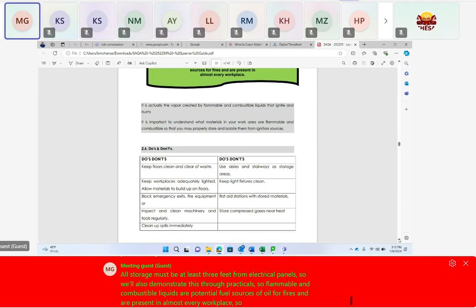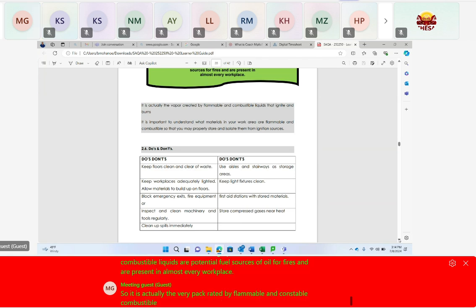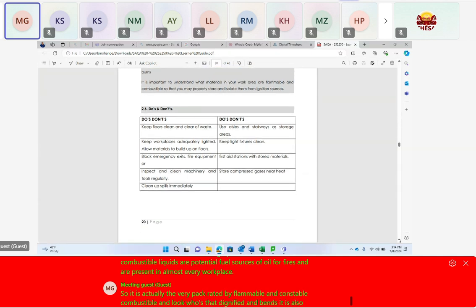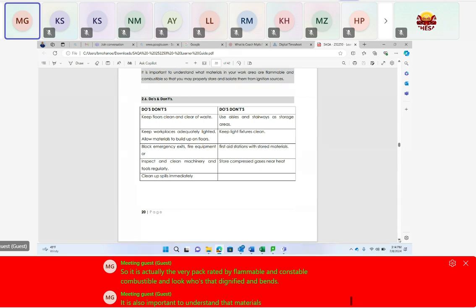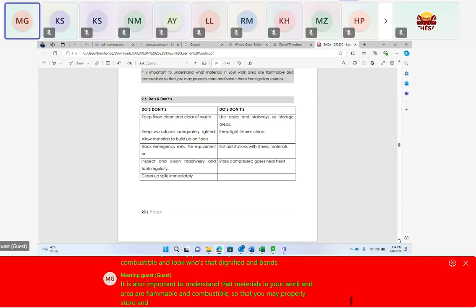It is actually the vapor created by flammable and combustible liquids that ignites and burns. It is also important to understand which materials in your work area are flammable and combustible, so that you may properly store and isolate them from ignition sources.